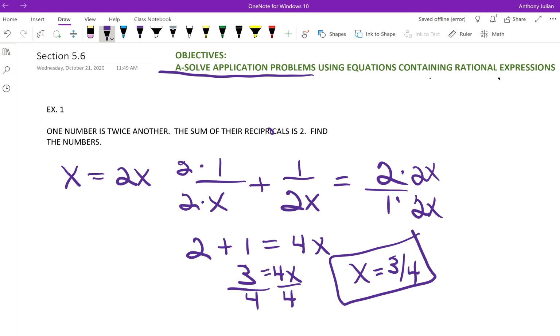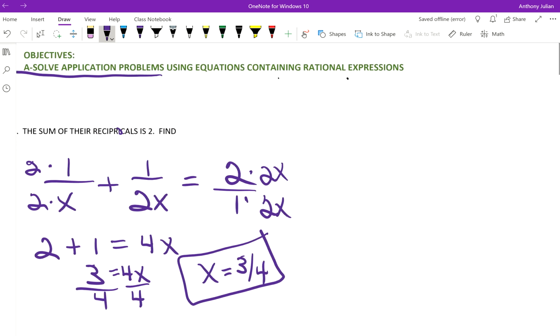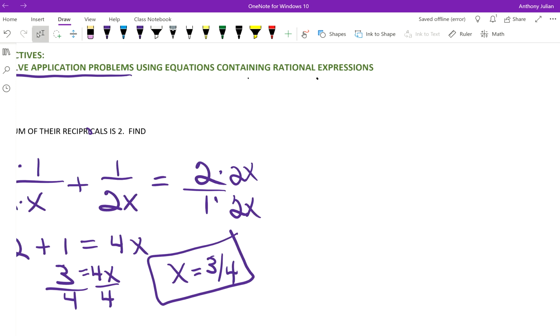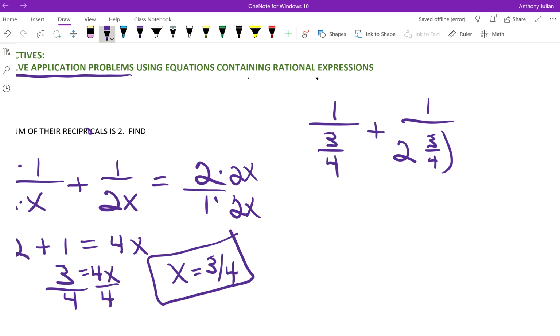If I wanted to check that answer, I could write up my original reciprocal problem, which is 1 over, instead of x, 3 over 4, because that's what x is, plus 1 over 2 times 3 over 4, and check if it equals 2.